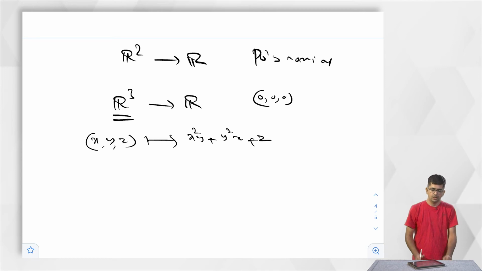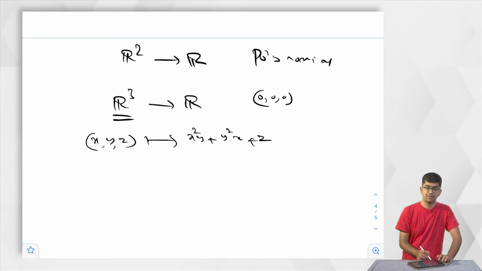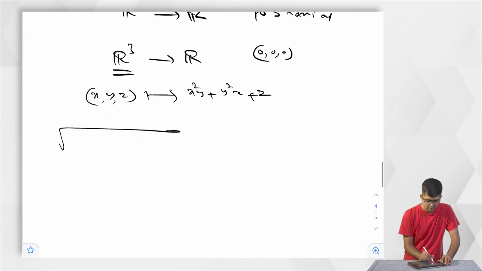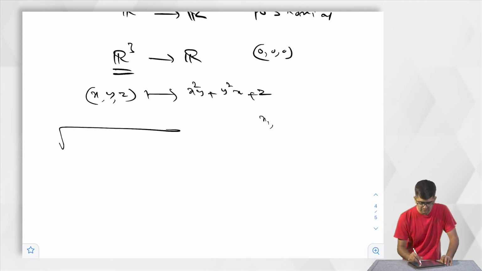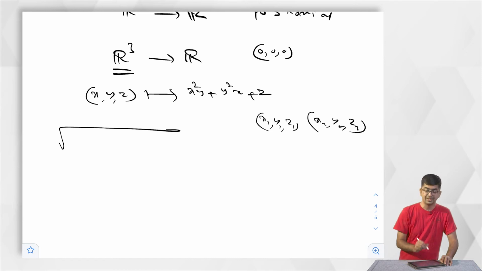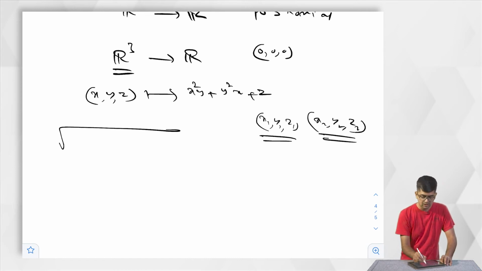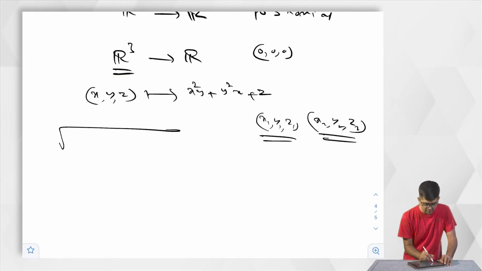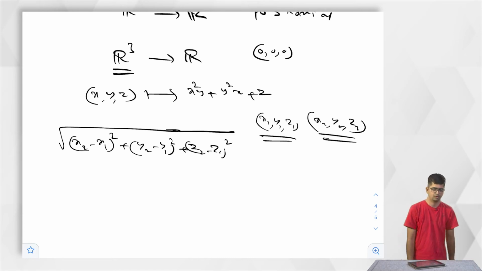Again, what is the notion of convergence here? The metric that we are mentioning here is the following. The distance between two elements (x1, y1, z1) and (x2, y2, z2) of R3, with the usual Euclidean metric, is the square root of (x2 minus x1) whole square plus (y2 minus y1) whole square plus (z2 minus z1) whole square.